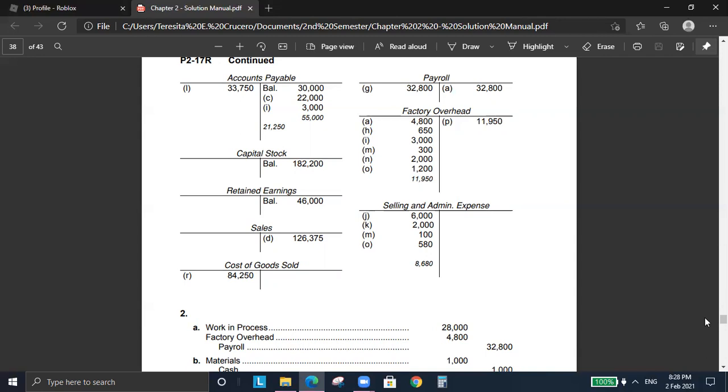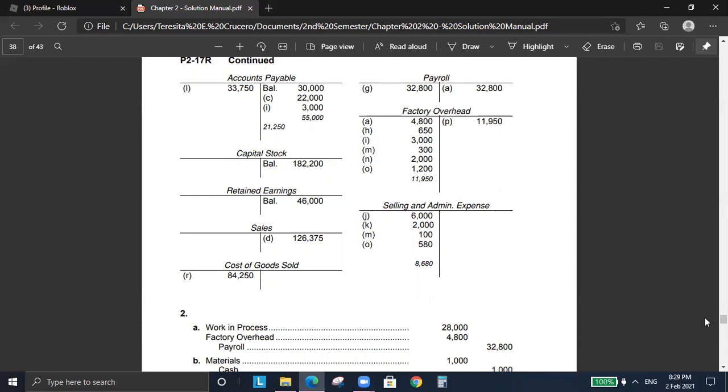In other words, the credit is bigger than the debit, so the balance is written on the credit side. It's 21,250. Now, these are your T accounts after posting the journal entries, and finally you determine the ending balances.